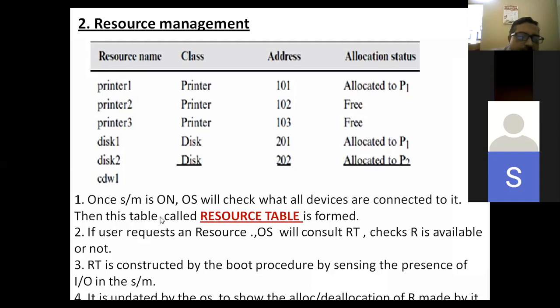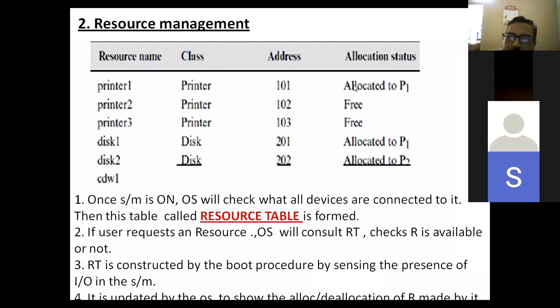The third point is that the resource table is constructed by the boot procedure by sensing the presence of input and output devices in a system. Like I said, once we turn on the system, the OS will construct this resource table by sensing what all devices are connected to the particular system.